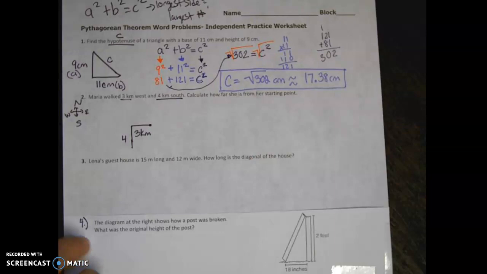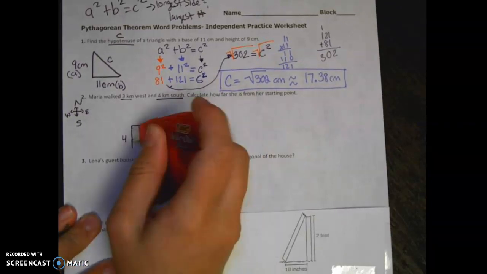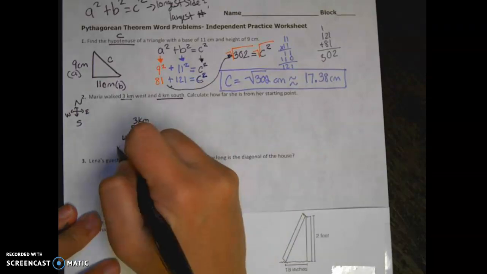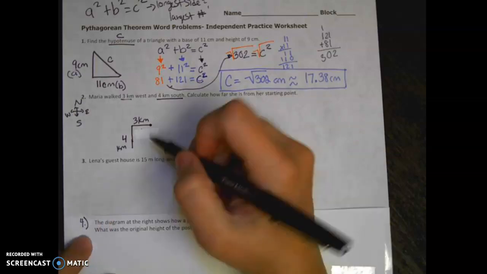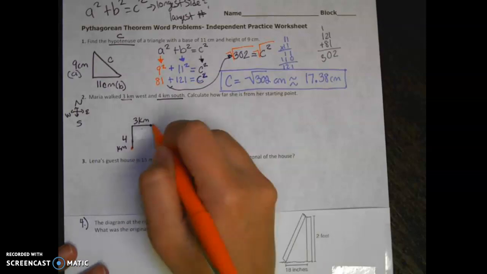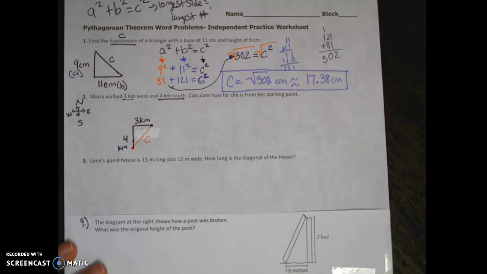Whoops. I'm going to rewrite that. So she went 3 kilometers and 4 kilometers. Okay, I need to figure out where she is now from her starting point. Meaning, I'm going to find what c is, my hypotenuse.